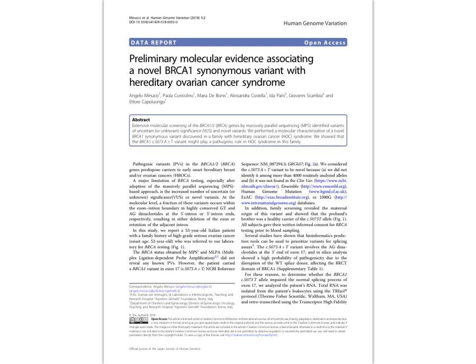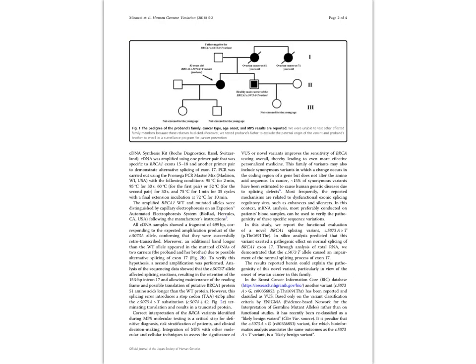The BRCA mutation pedigree that I just showed you came out in this particular report back in 2018, so it's only a couple of years old. This report outlines the inheritance pattern in a couple of families, of this particular variant that's associated with hereditary ovarian cancer. Here's the pedigree that I showed you in the previous slide, outlining the ovarian cancer and the particular BRCA variant that you see in this family.